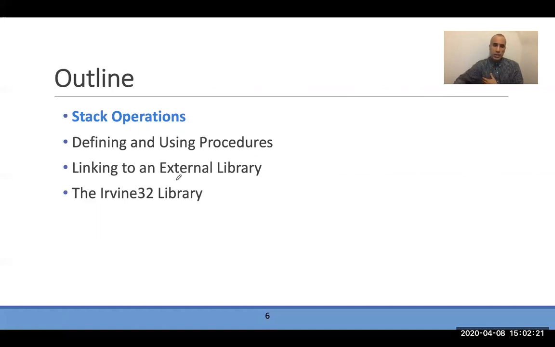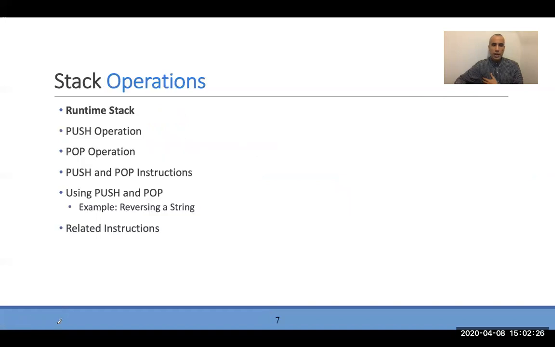All right, so we're just going to look at the stack operations right here, just to know what those stack operations are at runtime. So you remember we have push and we have pop, okay? And we'll see how push and pop actually affect the stack, all right?